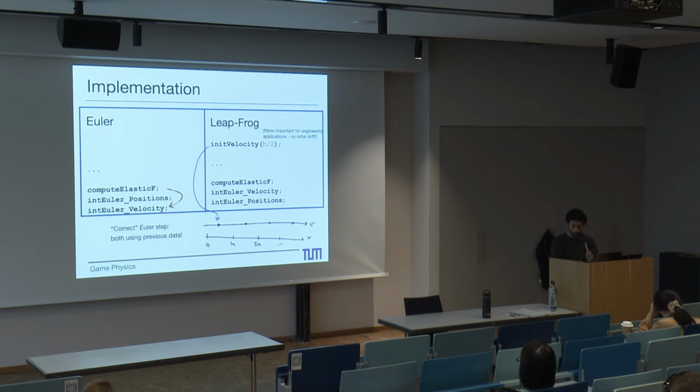So what we do is compute the forces, then integrate the velocity using the current position, and then proceed with the integration of the position. Despite the fact that we have shifted the velocity, the step of the integrator is always the same, so it doesn't really change much in that sense.